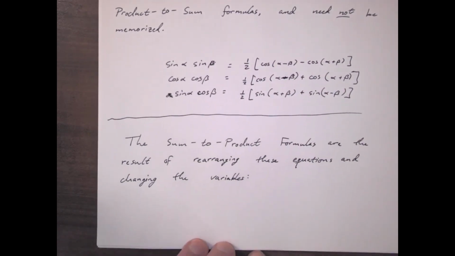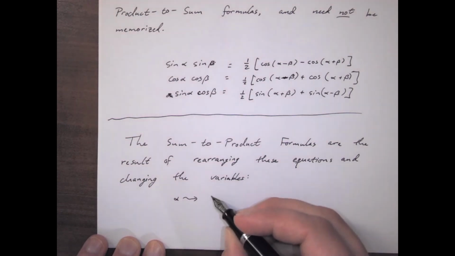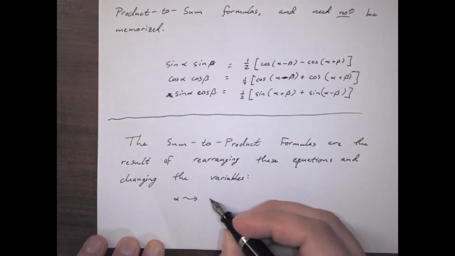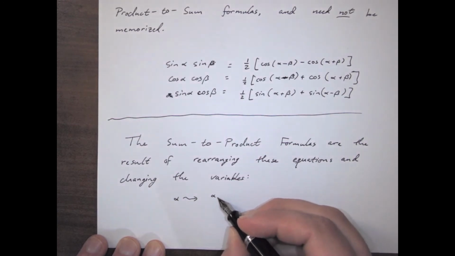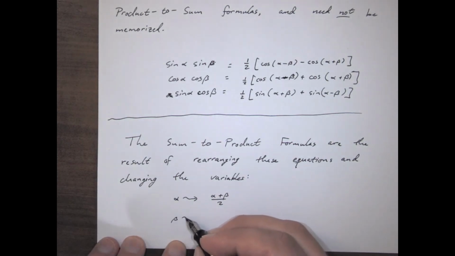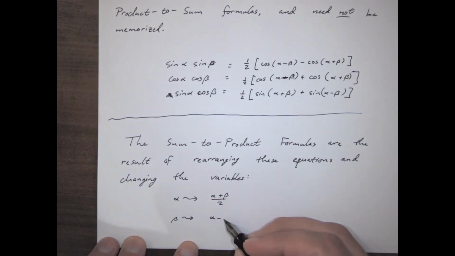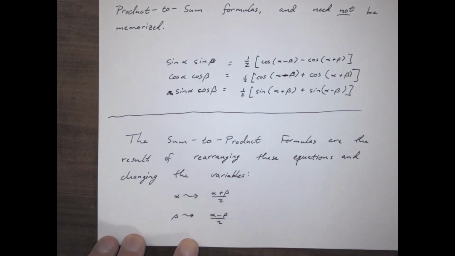So in particular, instead of regular old alpha, we change that to be alpha plus beta over 2, so the average of them. And beta becomes alpha minus beta over 2.